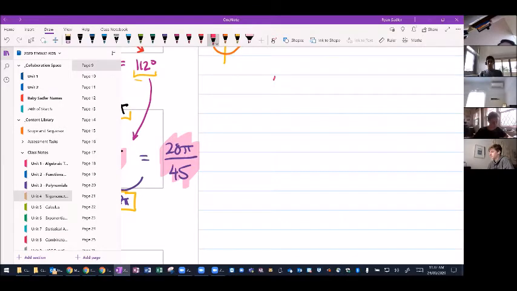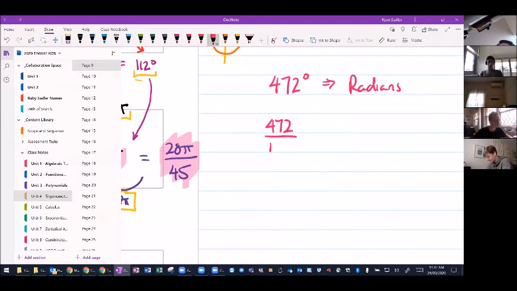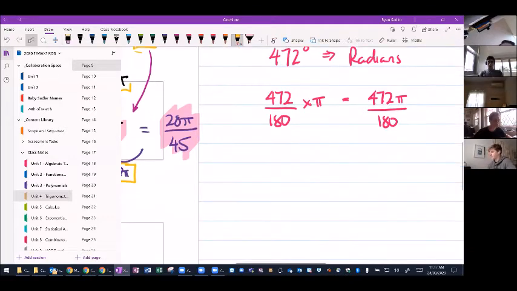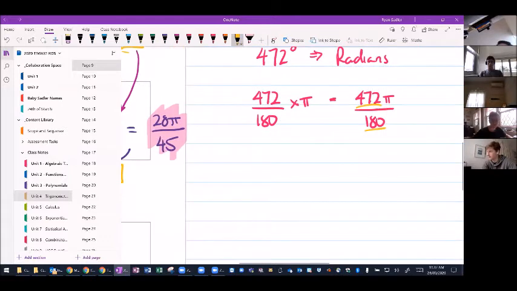If they ask me to do 472 degrees into radians, the normal process is just 472 on 180 times pi, which we're just going to leave as the fraction, because that's nicer. But you can simplify that fraction. 472 on 180, that's the same as 118 on 45. So that is the correct answer.